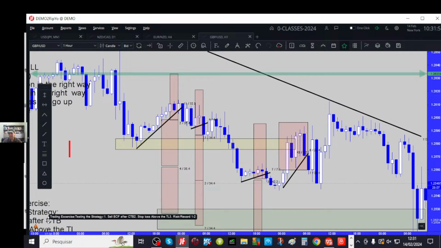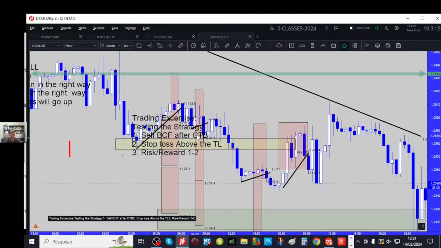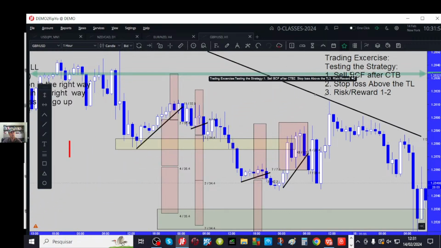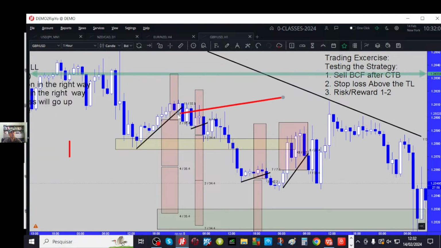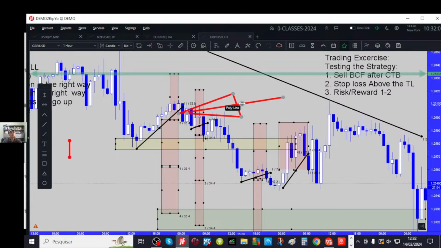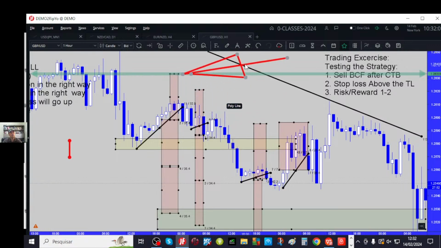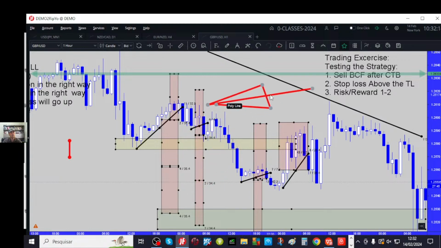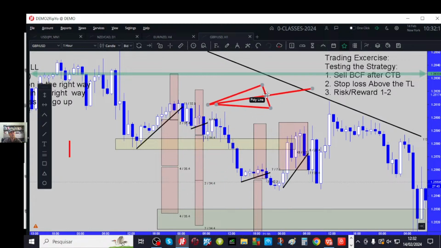Yeah, a little bit more complex lesson today, all right. We are testing the strategy that we are going to short the bearish candlestick formation, with the stop loss above the downtrend line, and risk reward 1 per 2. All right?